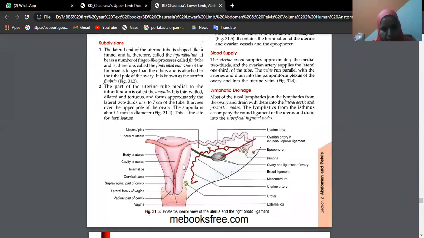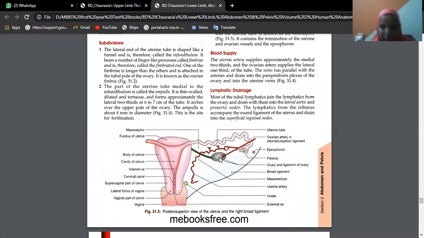Now, if you look at this, there is a broad fold of peritoneum which is actually not a true support of the uterus, which is the broad ligament. The broad ligament is a big fold of peritoneum covering the uterus from all directions, also enclosing the fallopian tube and ovary.